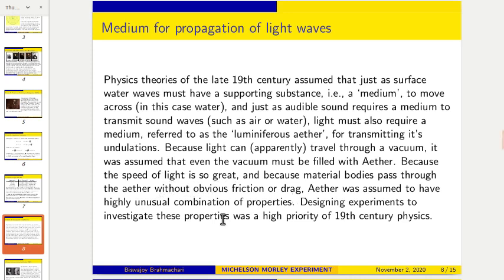Ether was assumed to have a highly unusual combination of properties. This is from Wikipedia. The last sentence is very important: designing experiments to investigate these properties of ether was a high priority of 19th century physics.